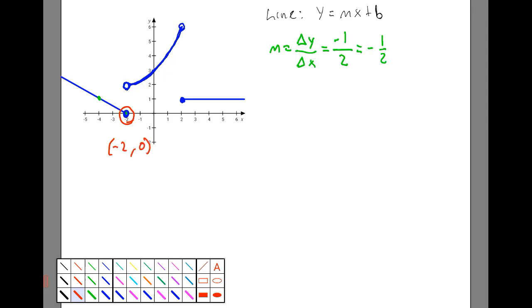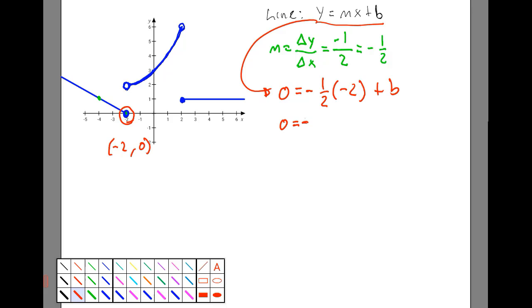So we plug into the formula: 0, that is the value of y, equals m, that is -1/2, times x, that is -2, plus b. If we simplify it, 0 equals -1/2 times -2, which is +1, plus b.